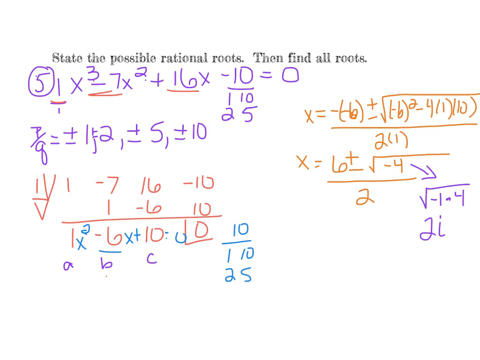So let's go ahead and put that in our formula. So we have 6 plus or minus 2i now. That is all still divided by 2, but if you pay attention, we can reduce. 2 divides into 6 3 times, and 2 divides into 2 1 time.